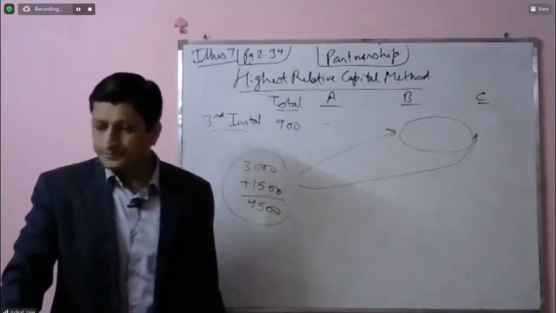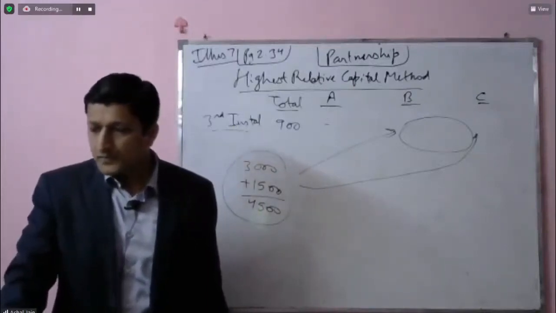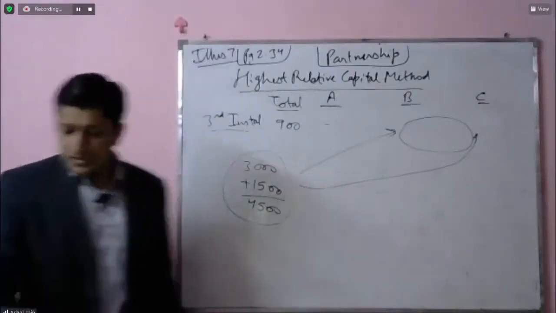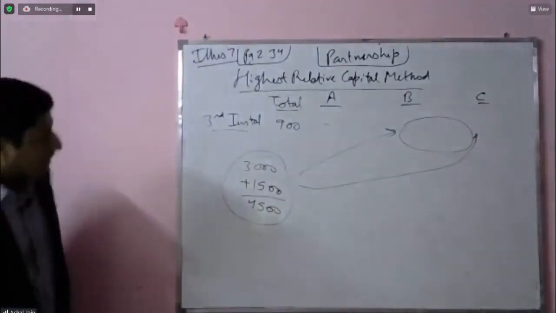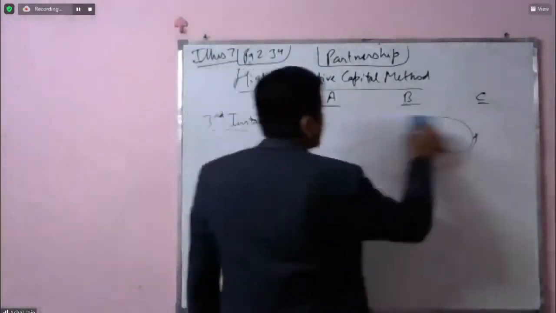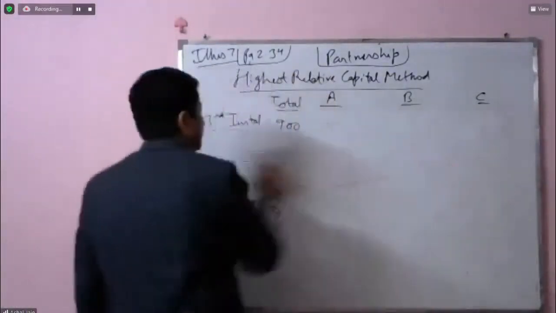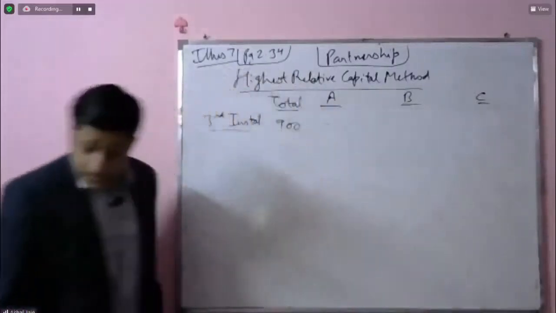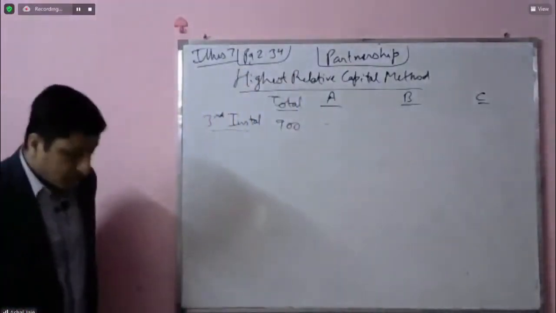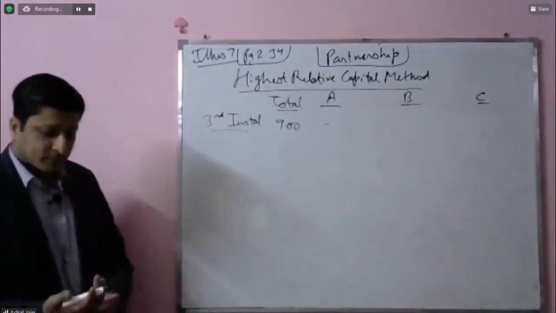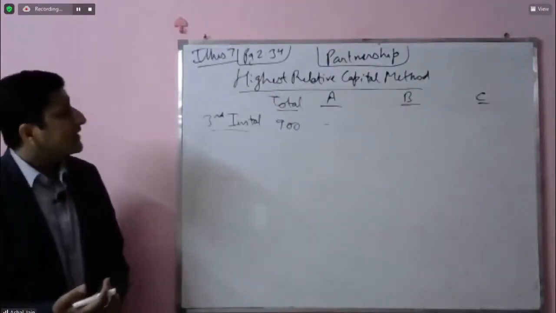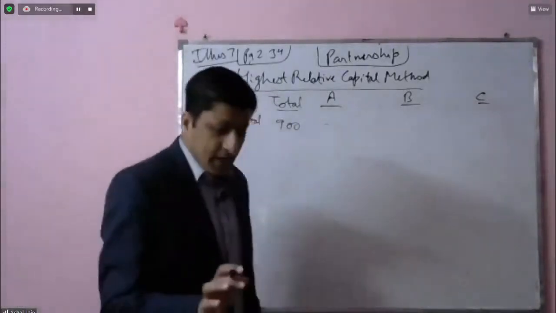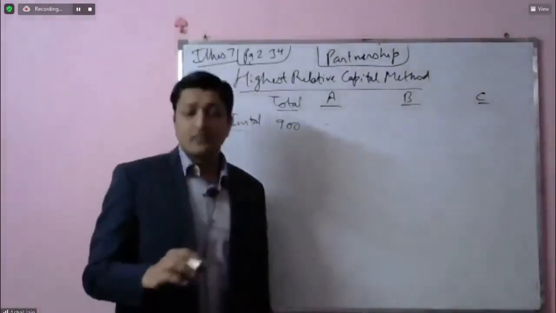Okay. I think Ayush has computed this. Very good, Ayush. Now the next question which arises, and which I am sure will be there in your mind also, is that this 900 will go to whom? So it is clear that 900 has to be distributed and it will not go to A, but to B and C it has to be distributed.